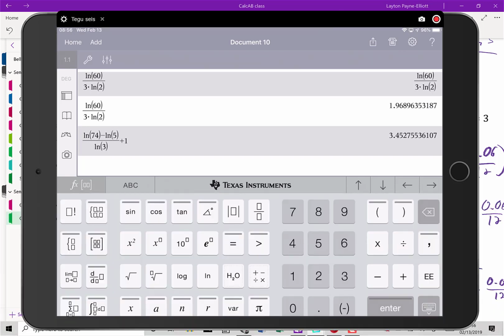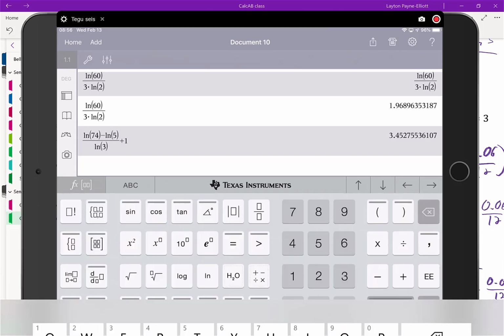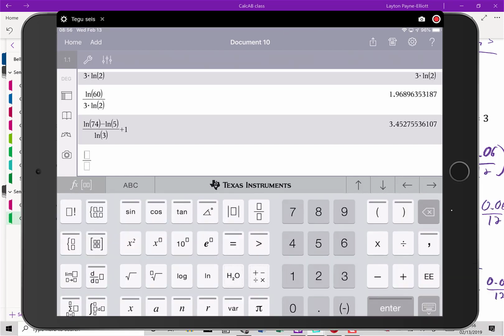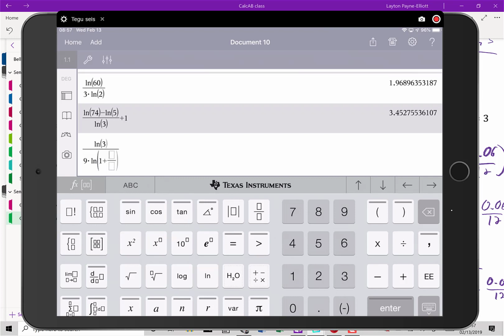Oh, you're supposed to say, put a fraction bar in. I keep tapping this like I'm supposed to tap this iPad. Okay, ln of 3 over 9 times the ln of 1 plus 0.06 over 12.